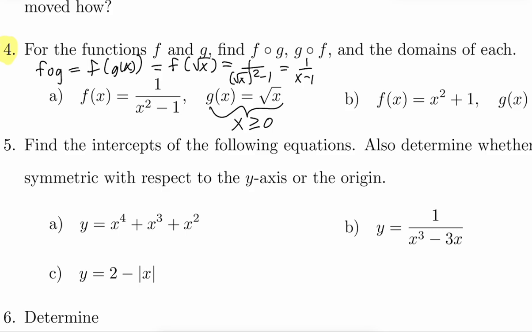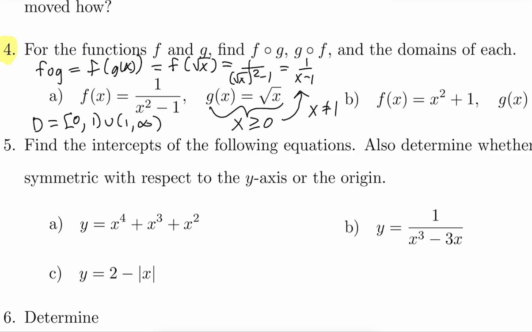But if we look back at our resulting function, we know that x is not allowed to equal 1 because that will screw that up. So we have to combine those things when we are making our domain. So our domain for f of g, we would be able to include and start at 0, but when we get to 1, there is a problem, so we do have to skip it, and then we can keep going.